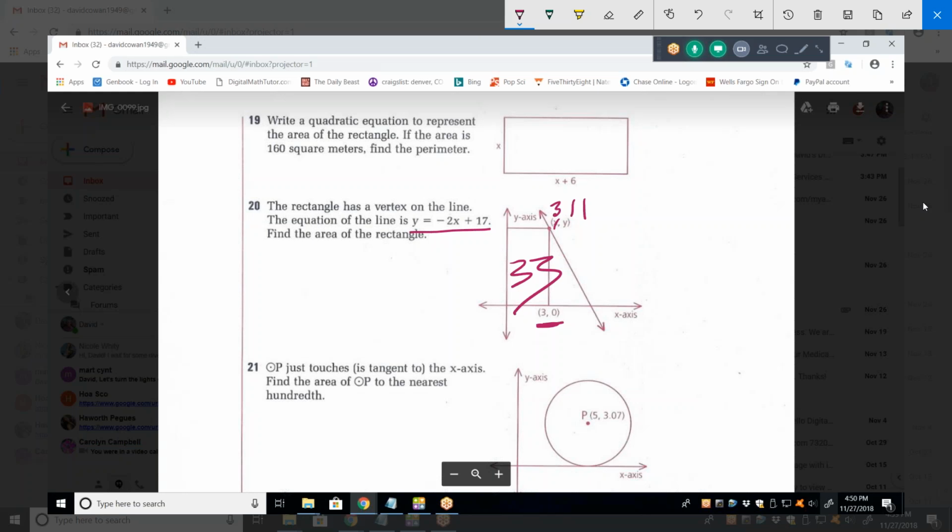The radius is... touches. Remember that all radiuses are equal. So if I want to know the length of that line, it's the same as the length of that line. What's the length of that vertical line that I just drew?